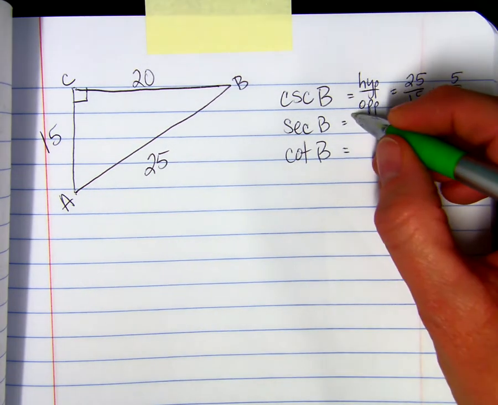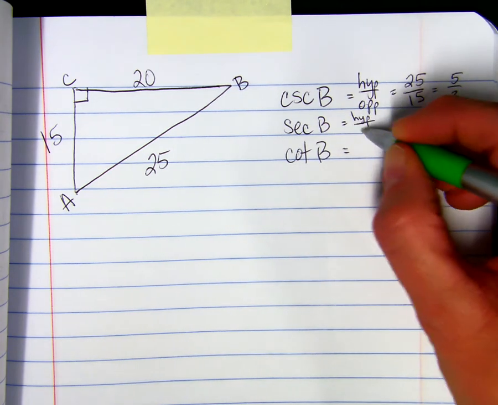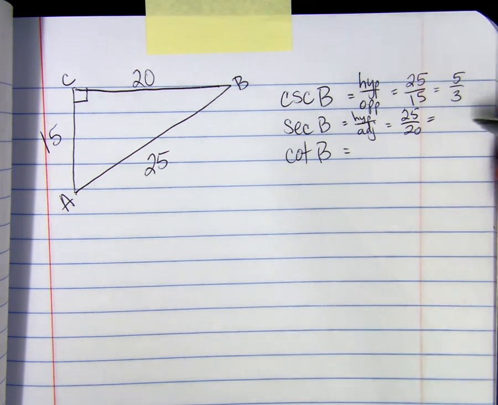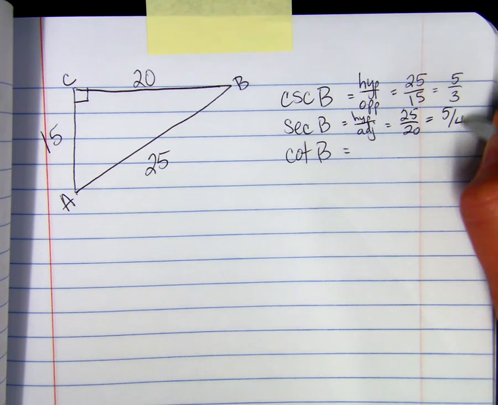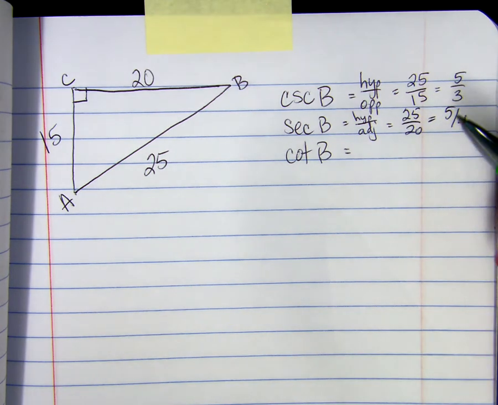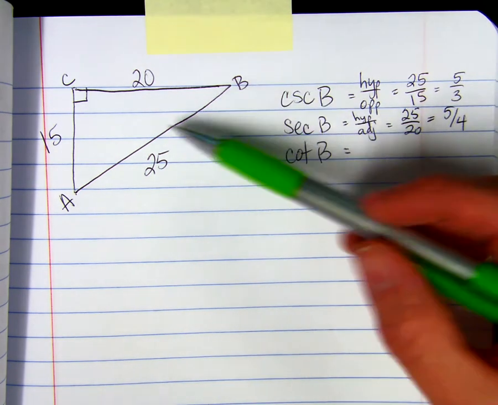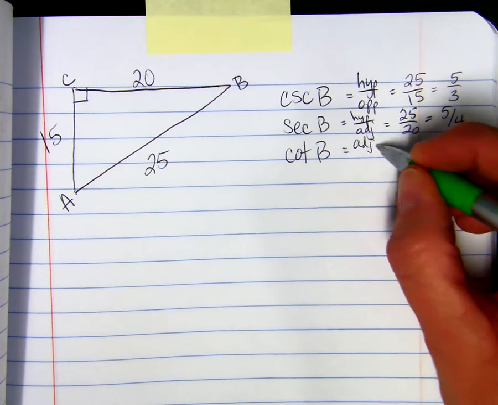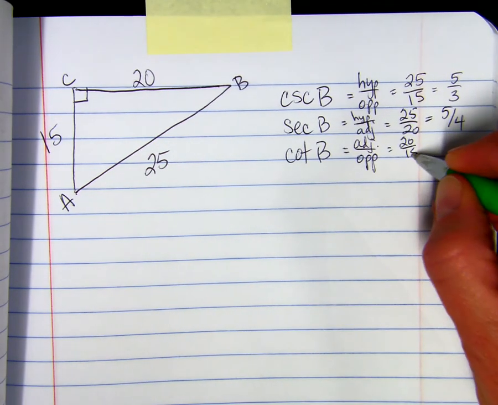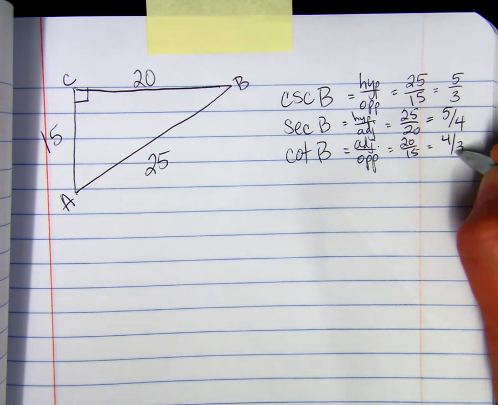The secant of B is hypotenuse over adjacent, so 25/20, which is 5/4. And the cotangent is adjacent over opposite, so 20/15 or 4/3.